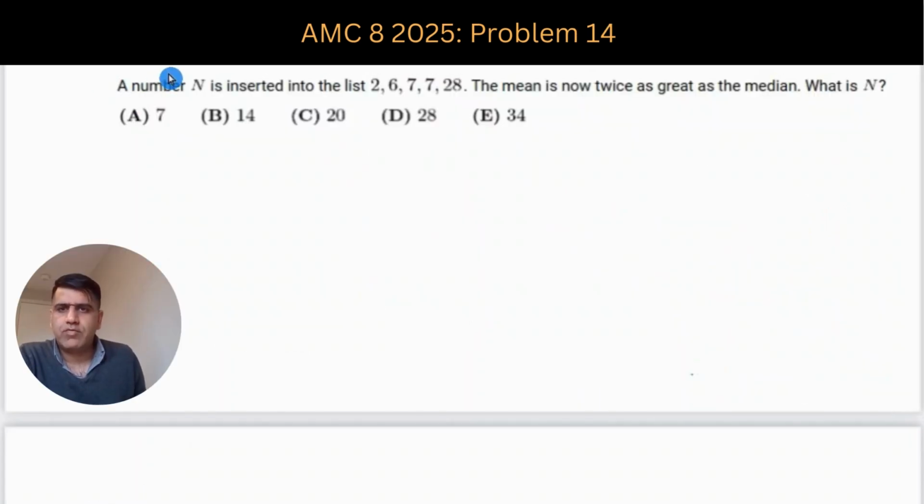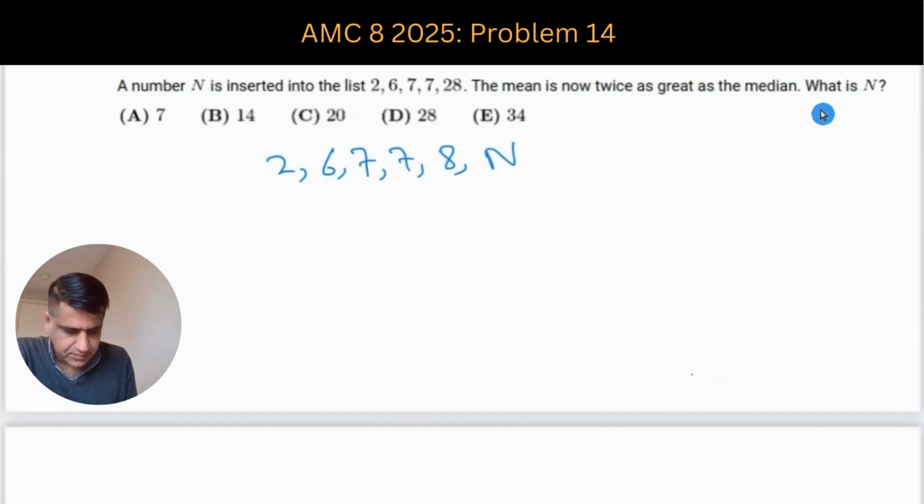Let's look at problem 14, where a number is inserted into the list. The mean is now twice as great as the median. What is n? So we have to find n. So let's say the list that we are given is 2, 6, 7, 7, 8, and n.